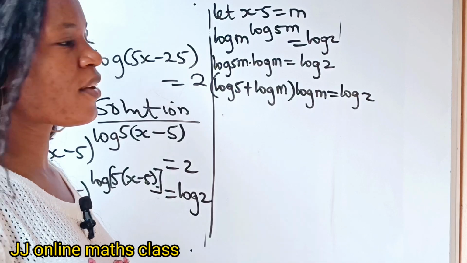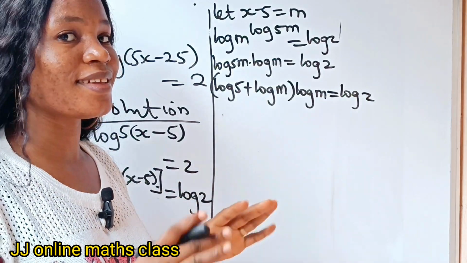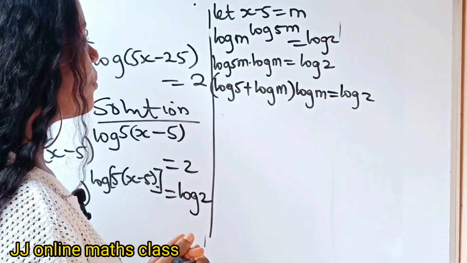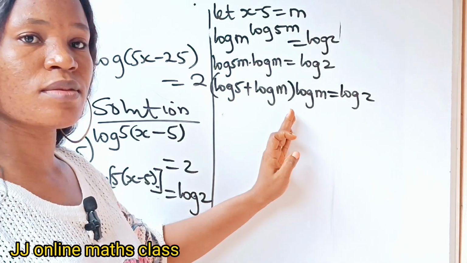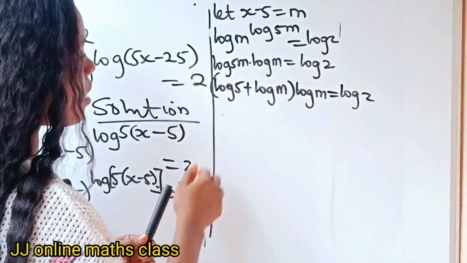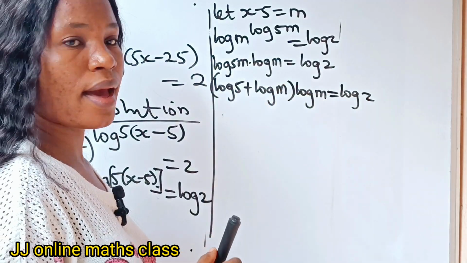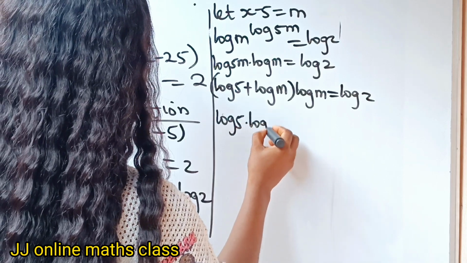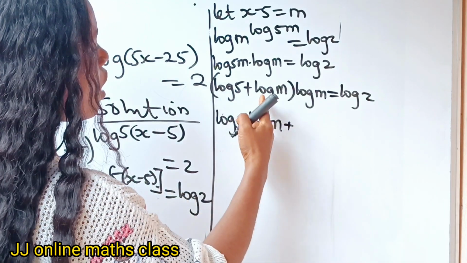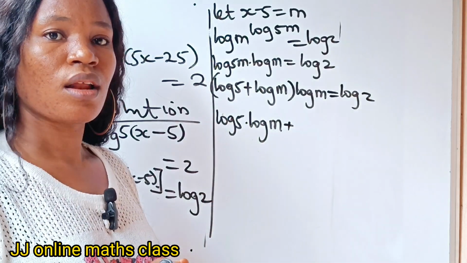Just stick with me and you're going to see how amazing the way the solution is going to come out. Now when you look at this, we can multiply this out to open this bracket. So log 5 times log m gives us log 5 times log m, plus log m times log m is log m squared.